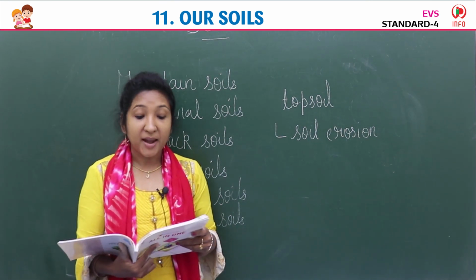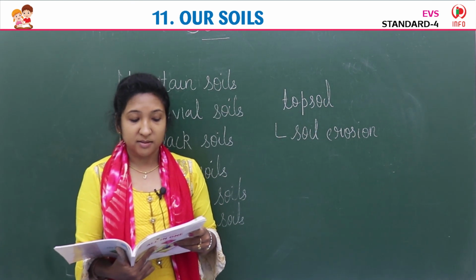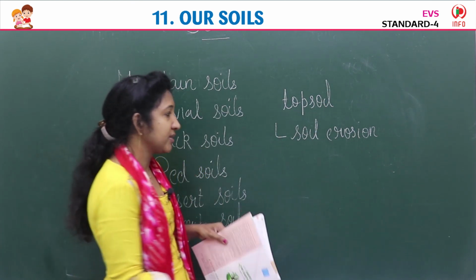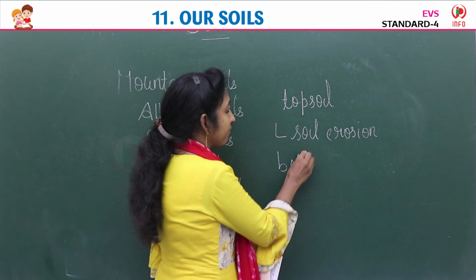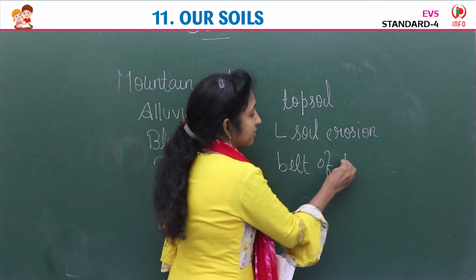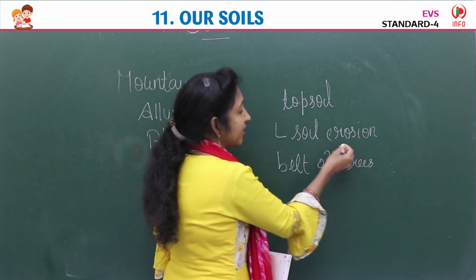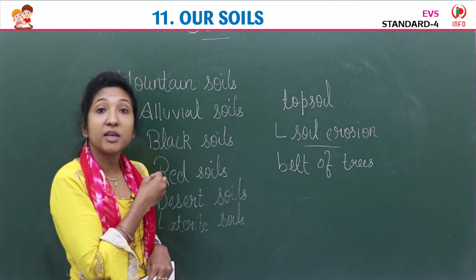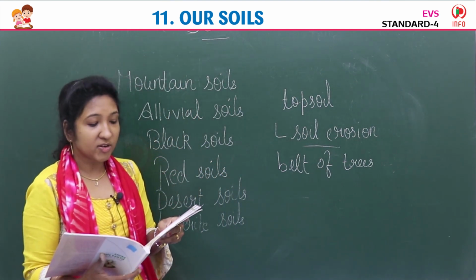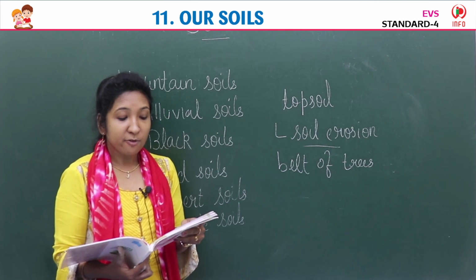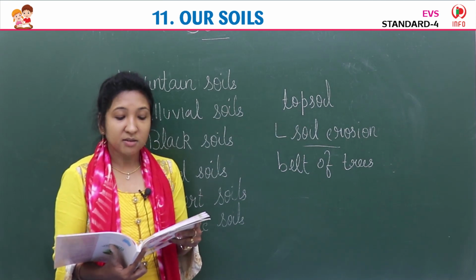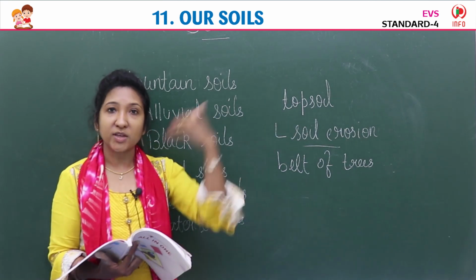These include the planting of windbreaks or belts of trees, we say. If we do this, then we can protect the soil from soil erosion. Belts of trees along the edges of fields reduce soil erosion from wind.